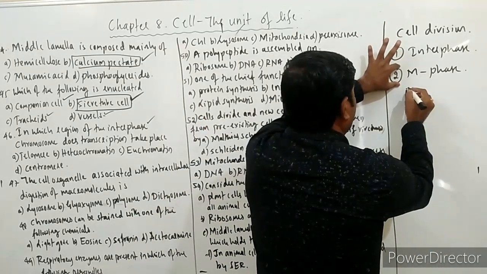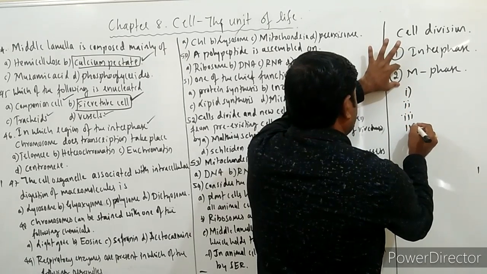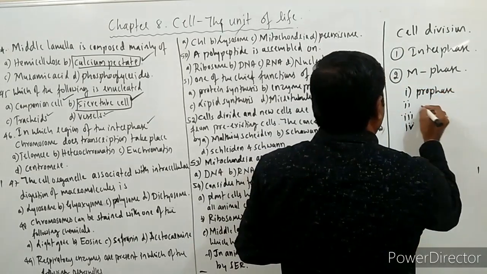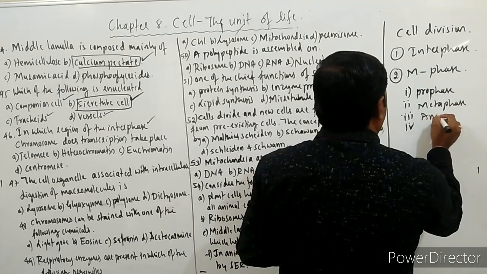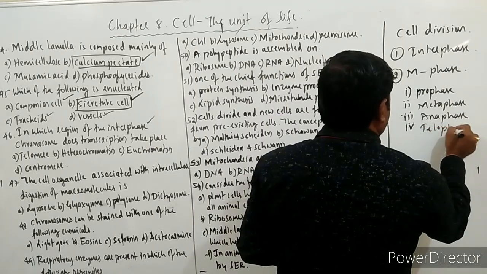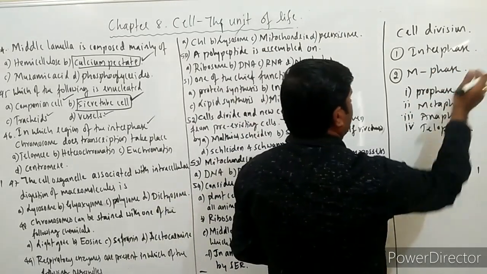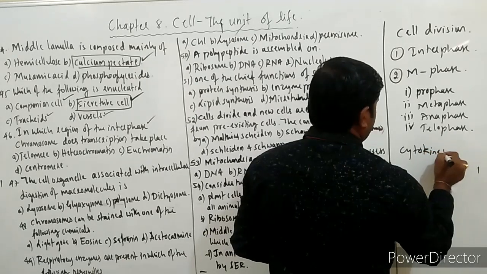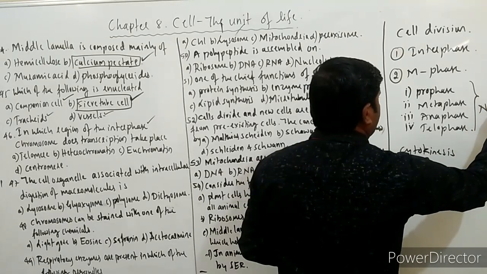In M phase there are four stages that we come across over here. What are those? Prophase, metaphase, anaphase, and telophase. So these are the four stages that we come across. After this one, cytokinesis. So here in these stages the division of the nucleus takes place.